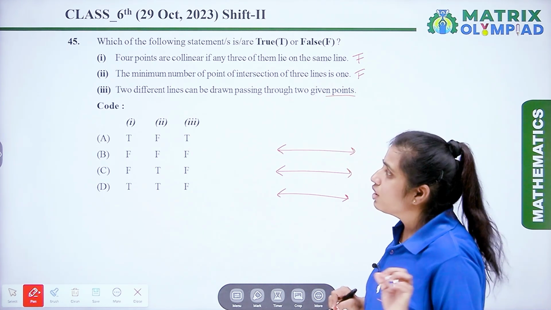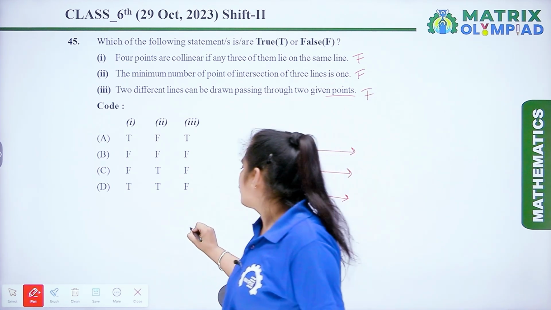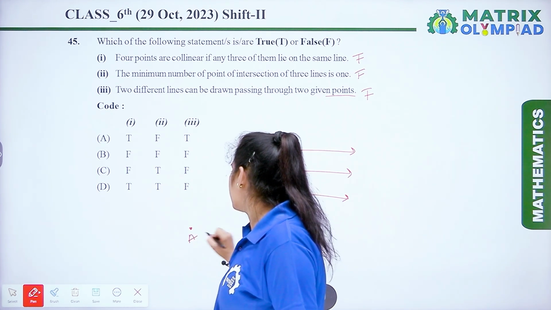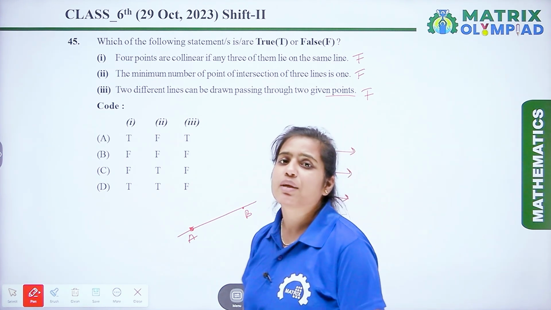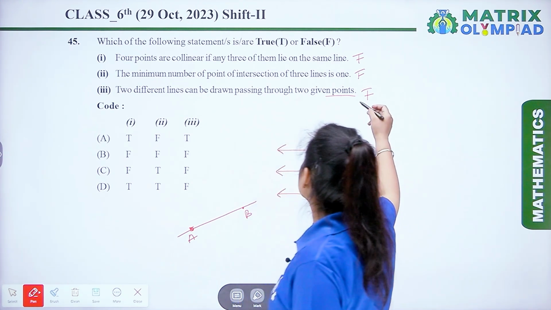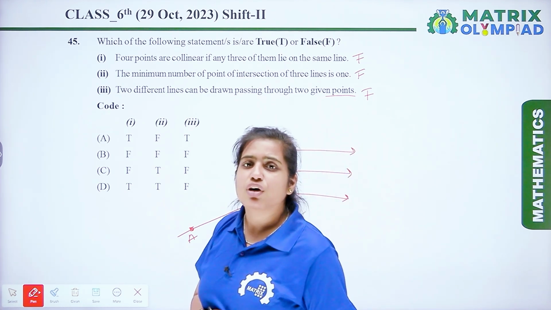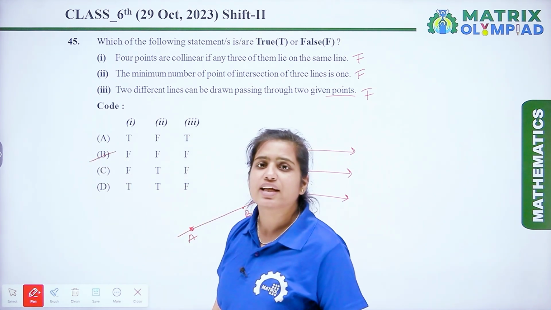So here this statement is also false. If 2 points are given to us, that is A and B, from these 2 given points only 1 line can be drawn. So this statement is also false. So here all the 3 statements are false. So according to the question, option B is the correct answer.